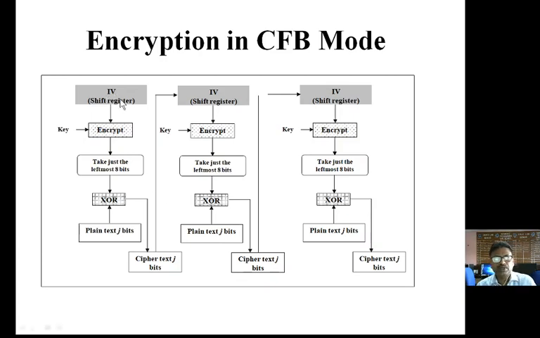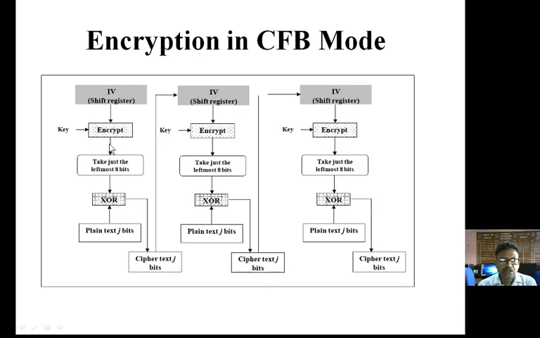Now in this CFB mode, again we are taking the initialization vector, and whatever the size of the key, suppose it is 64-bit, the initialization vector or the shift register is also 64-bit. This initialization vector is put in a shift register and encrypted with the help of the key, and we get a 64-bit value.